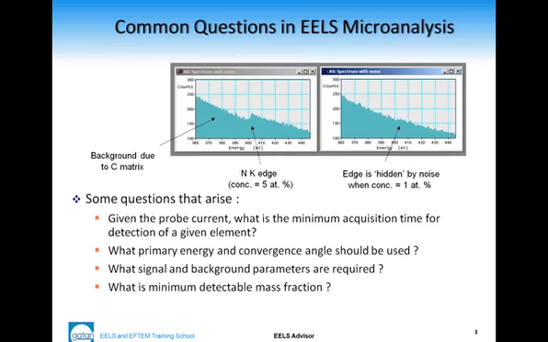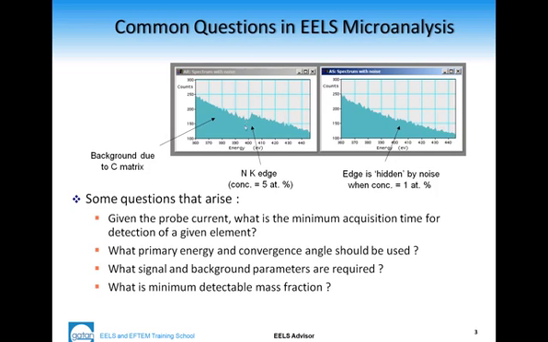So just to introduce the problem, here are some common questions that arise in EELS microanalysis. On the left-hand side, I've shown you an example of a spectrum which contains the nitrogen K-edge at 401 eV, at 5 atomic percent nitrogen, lying on a background that is predominantly from a carbon matrix.